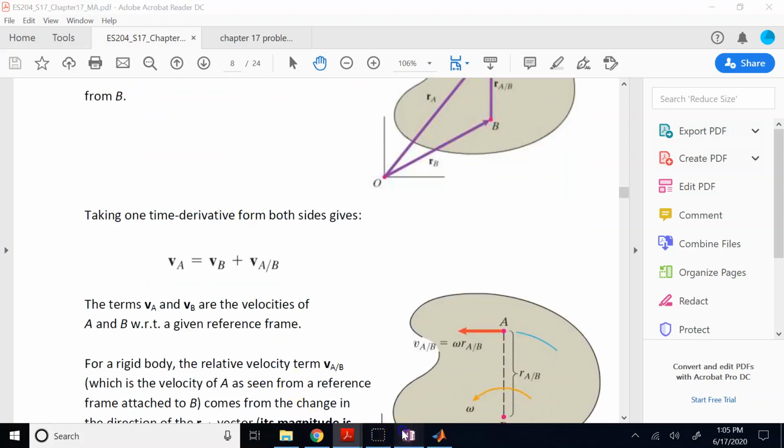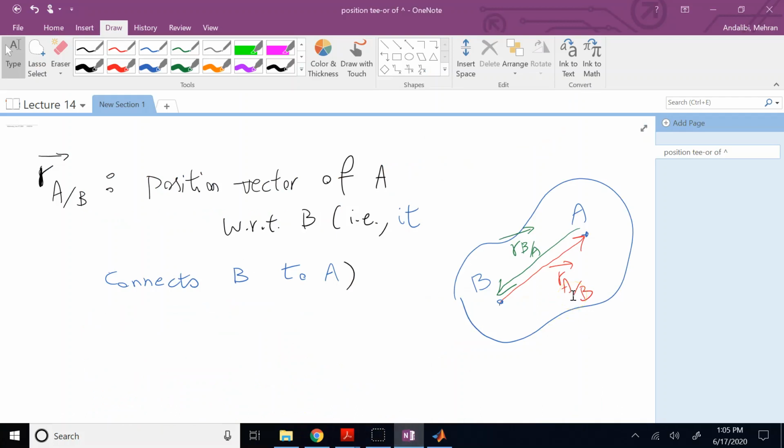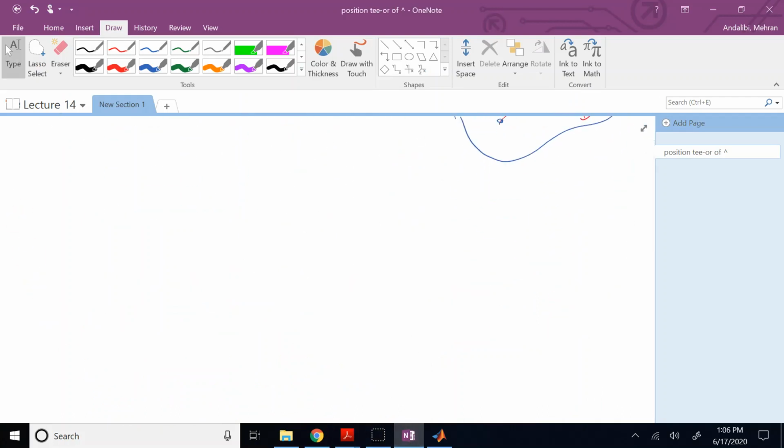Now, how can I calculate that? Well, there is a theorem in mathematics, in geometry, or in vector calculus, if you have taken that course. Let me put that in a box for you.